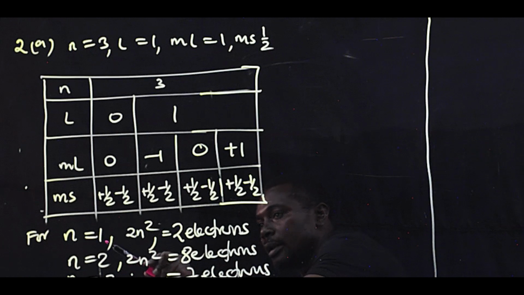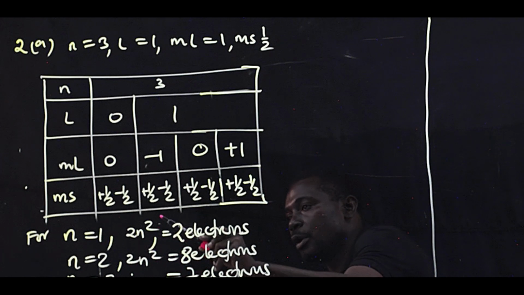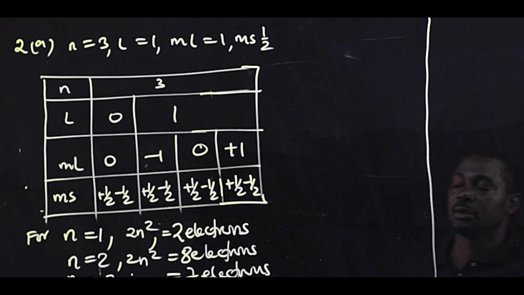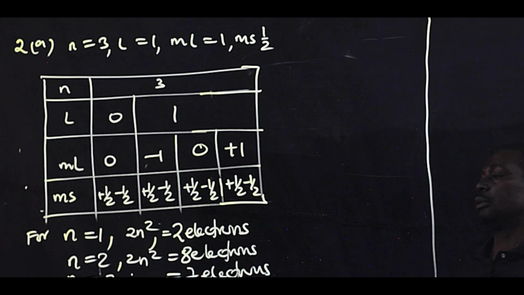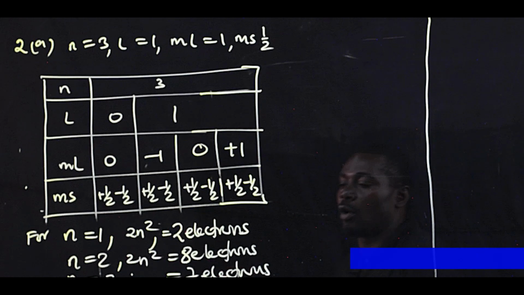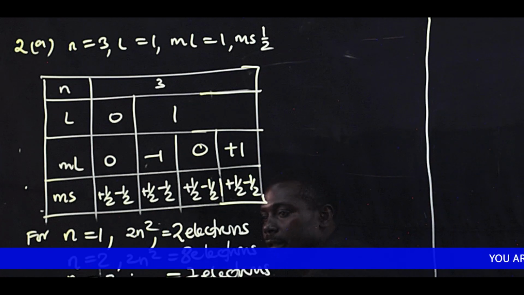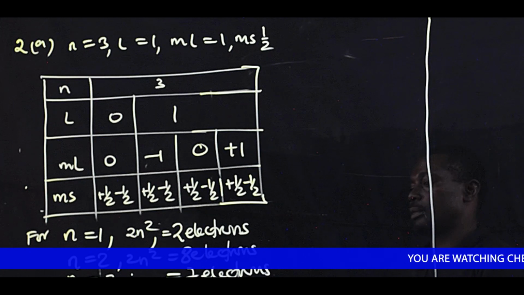For the first shell, n is equal to 1, the total number of electrons which can be filled is obtained by using the expression 2n squared, where n represents the value of the shell. So the first shell accommodates 2 electrons. The second shell accommodates 8 electrons.